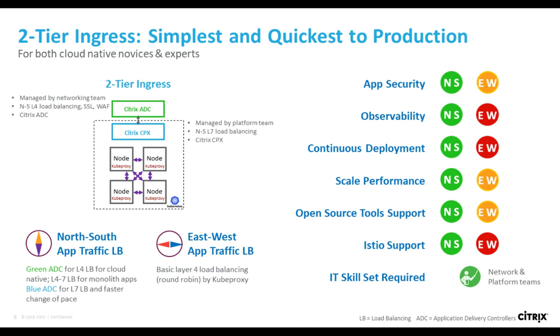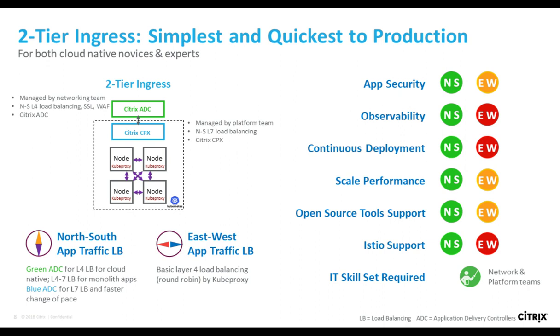If you're considering open source tools, you get excellent support for north-south traffic, but due to limitations of kube-proxy, you cannot integrate with many of the open source tools like Grafana, Prometheus, EFK, and many others. If you are considering an open source control plane like Istio, you can integrate very well for north-south traffic. And for east-west traffic, kube-proxy simply doesn't have API support today.